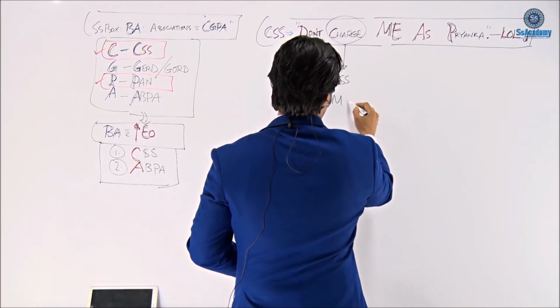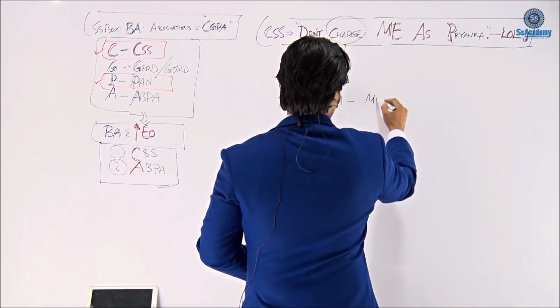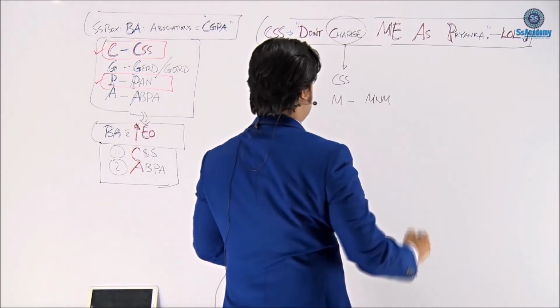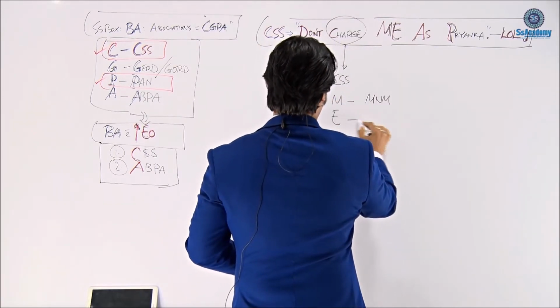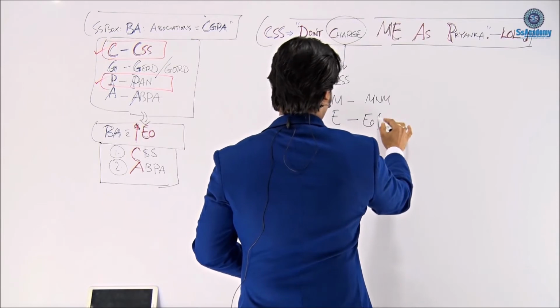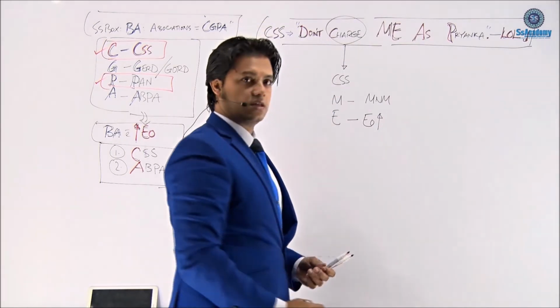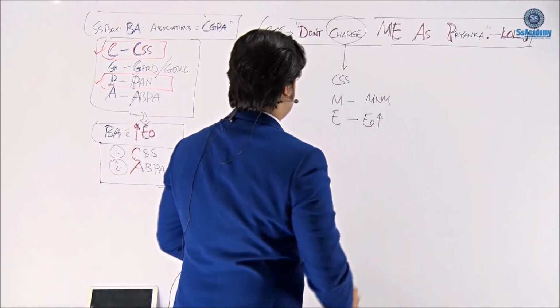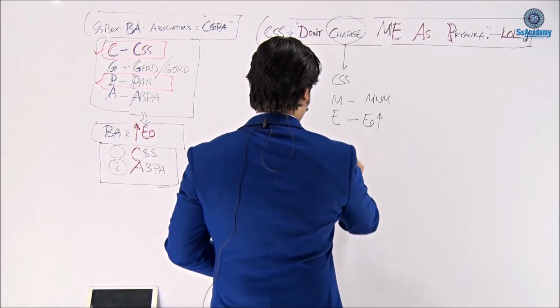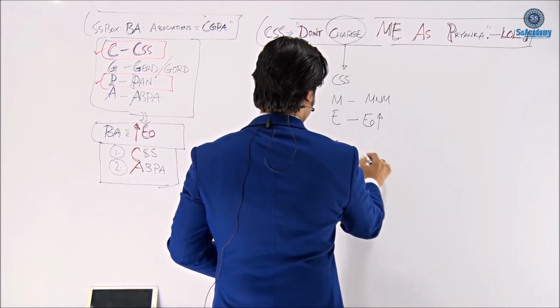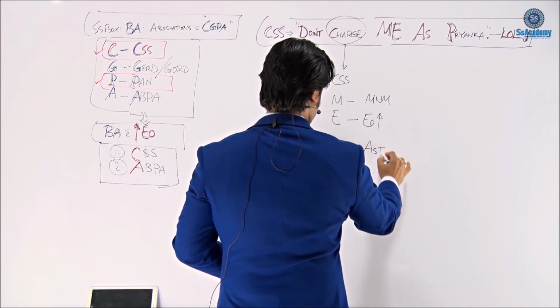Let's see, the M stands for Mononeuritis multiplex, my dear. And E for, once again, the eosinophilia. I'm writing EO with an arrow up, that means the eosinophilia arrow up, right? AS stands for asthma, all right?